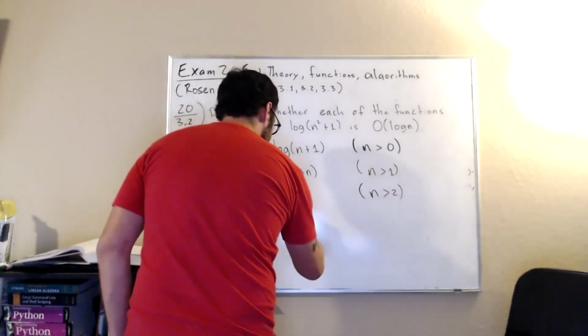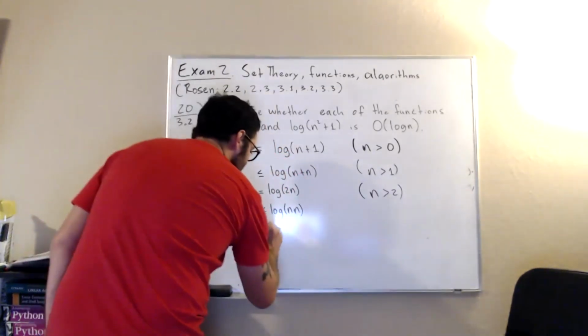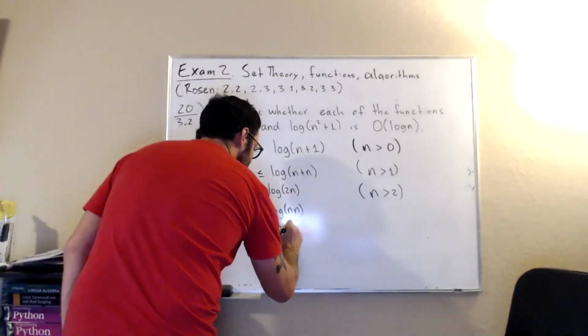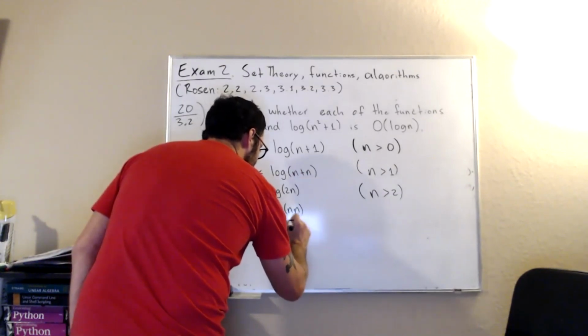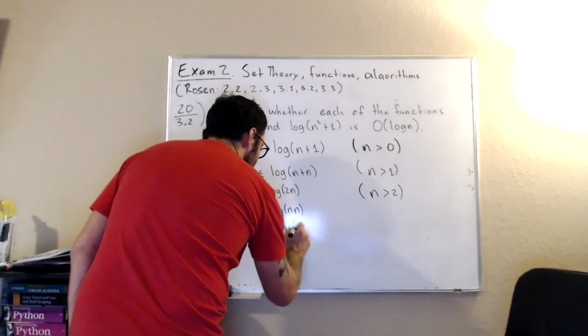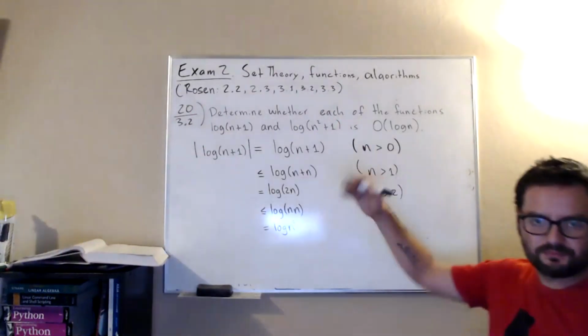So if I replace that 2 by n, I get that, which is equal to log of n squared, right? But then we have that logarithm rule where the exponents can come to be coefficients.